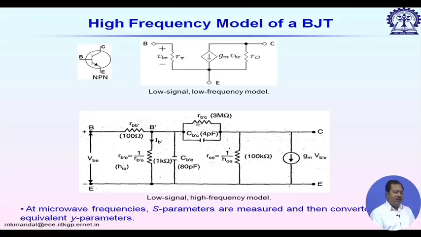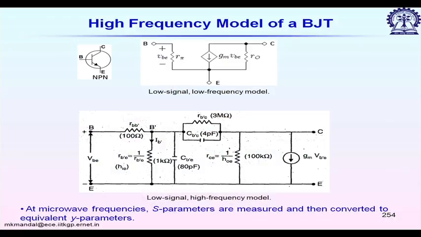In addition to this, we will have packaging effects, with external leads. So, we have to add more resistors, capacitors and inductors, taking into account the effect of packaging and the effect of the leads.